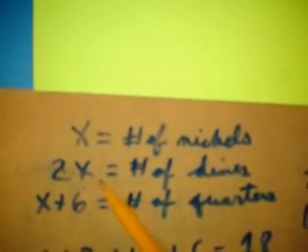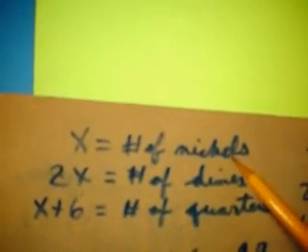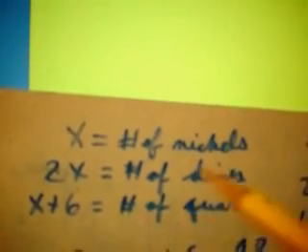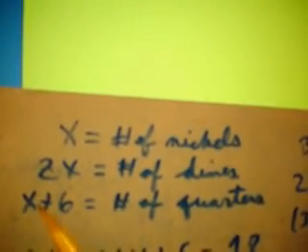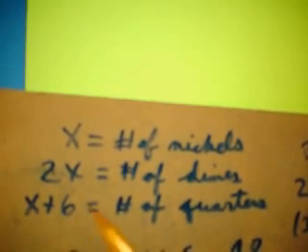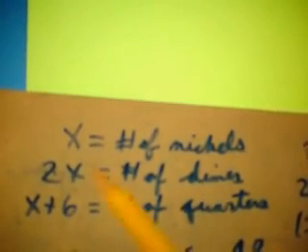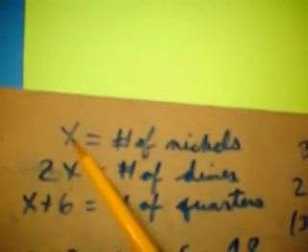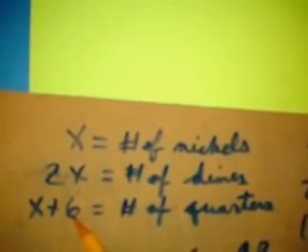So if we take the number of nickels times 2, we'll get the number of dimes. Now we also said he has 6 more quarters than nickels. So if we take the number of nickels and we add it to 6, then we get the number of quarters.